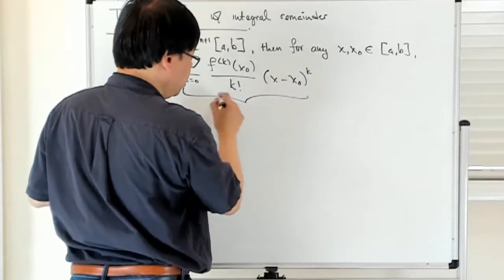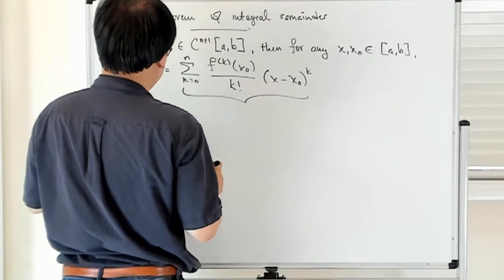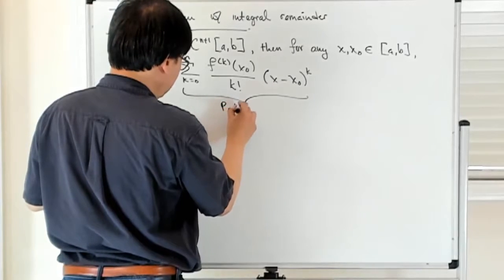So this is the usual Taylor polynomial of degree n, which I denote by Pn of x.